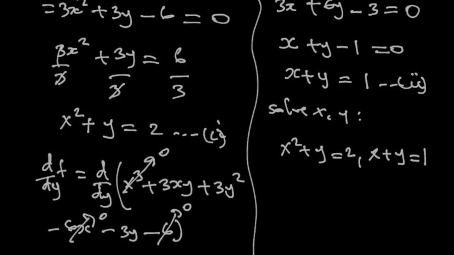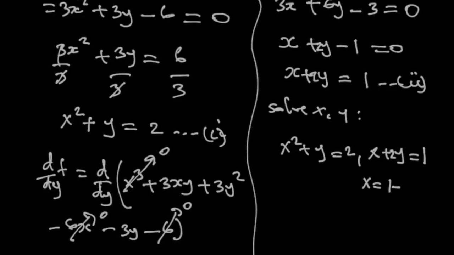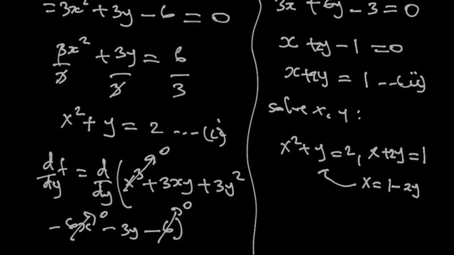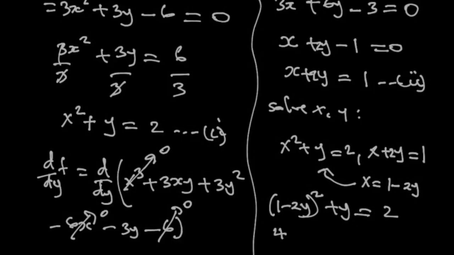Okay, I missed a 2 there; there has to be a 2 there. So in this case, this means 1 minus 2y is equal to x. Substituting into this equation, we get (1 minus 2y) squared plus y is equal to 2. Now you can multiply it out and you will get 4y squared minus 3y is equal to 1.